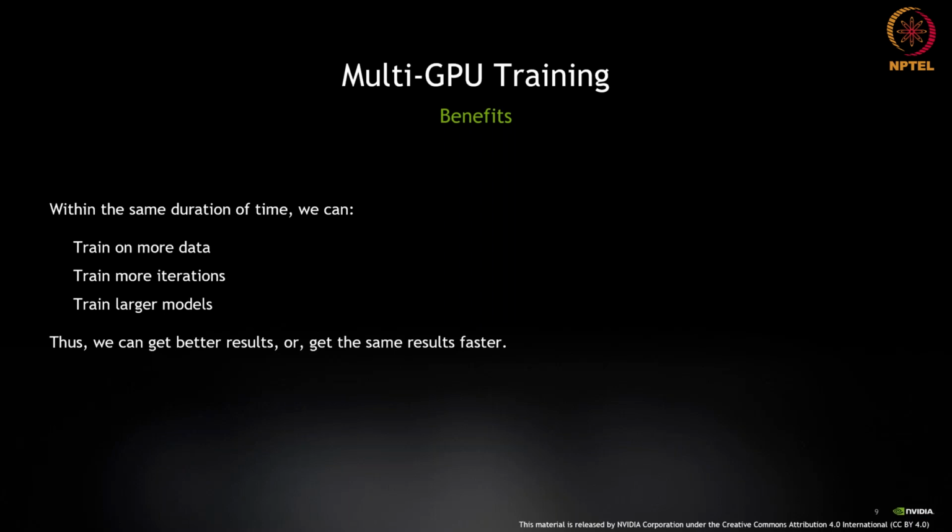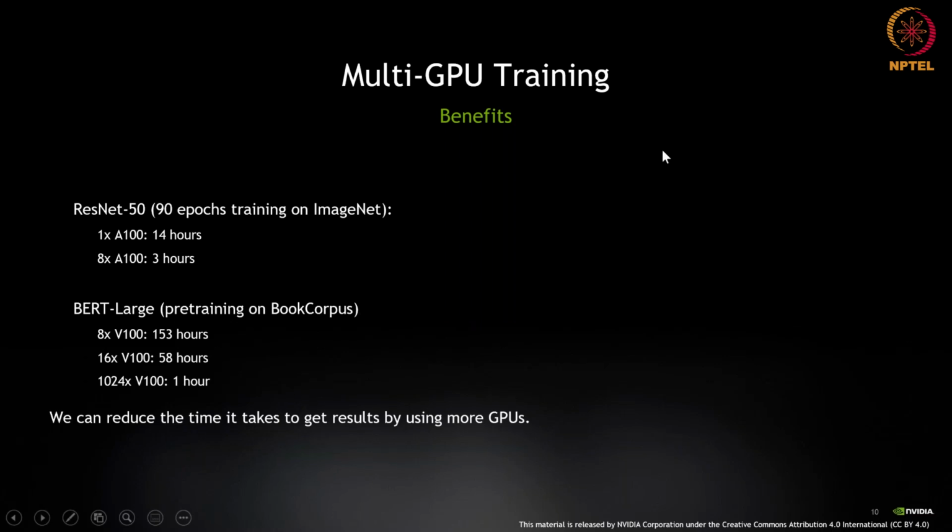So that I can save that time and I can try out more different kinds of permutations and combinations, or you can get better results by trying out something which is larger, like trying out more data, more amount of augmentation to the data that you might have done, or trying out much larger models which otherwise would take you forever. So it can be seen from the perspective of both cases of multi-GPU training.